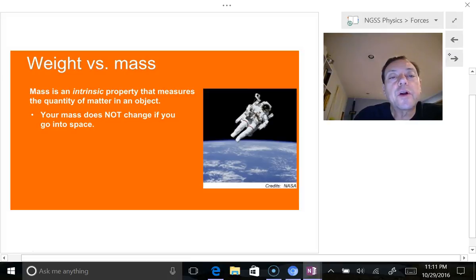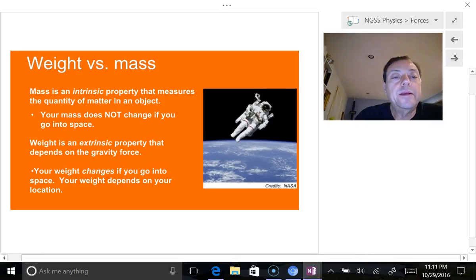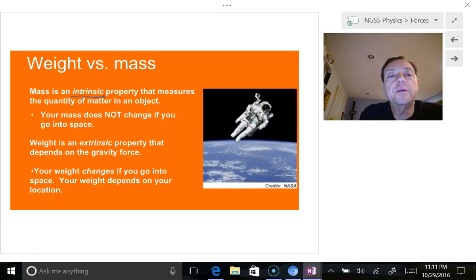Mass is an intrinsic property that measures the quantity of matter in an object. Your mass does not change if you go into space. Weight is an extrinsic property. Intrinsic means it's peculiar to you, and it will not change in various locations or circumstances.